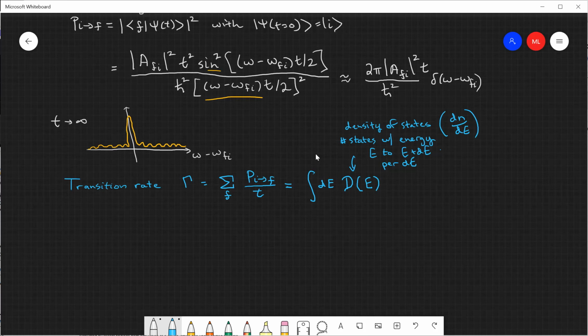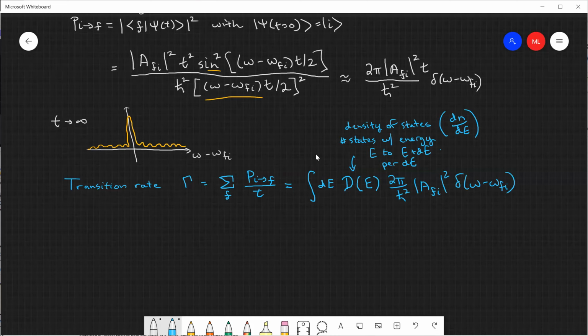When you integrate up, you get all the states, and you need the E in there because the expression for the probability depends on E, since that gives you the transition frequency. The rest is the same: it's 2 pi over h bar squared. Now you see the delta function is convenient because we have this integration, so the delta function will help perform the integration.